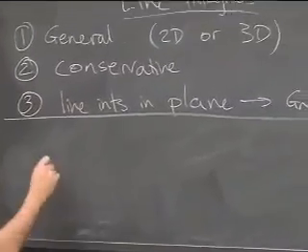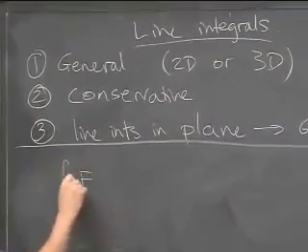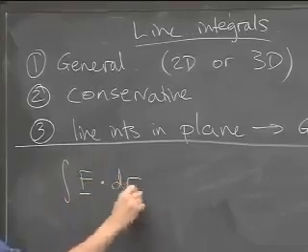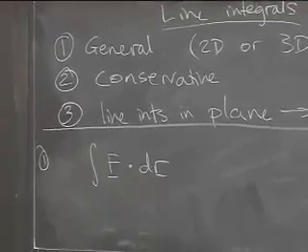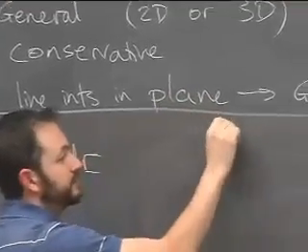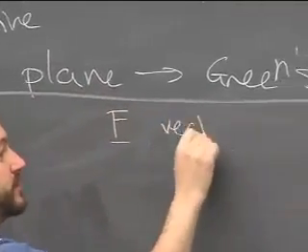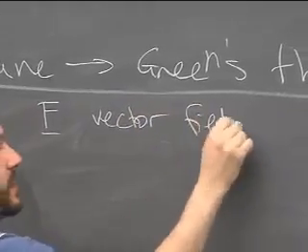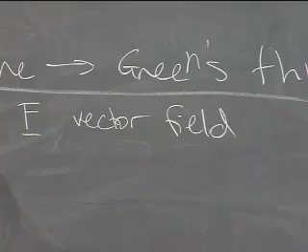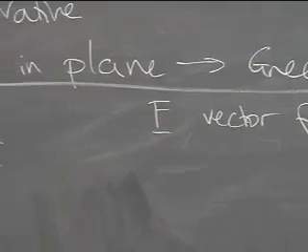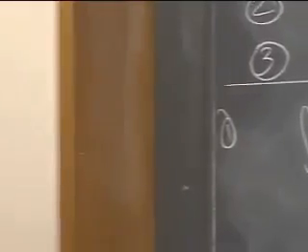Okay, so last time we looked at a general line integral, and we saw there are a few different ways, but the most common type of line integral we saw was f dot dr. So this is step 1. F dot dr, where f is a vector field in space, or possibly in the plane, otherwise known as a function that takes every point in space and attaches a vector to it, and does so in a nice smooth way, so that points near each other have vectors near each other.